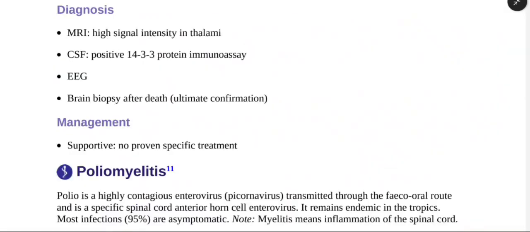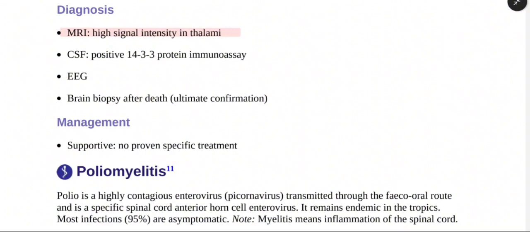Clinical evaluation is based on patient's medical history, symptoms, and neurological examination. Laboratory test would be the MRI that may reveal characteristic change in the brain, usually thalamus.